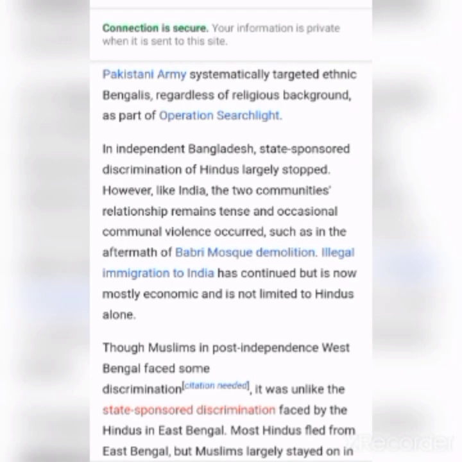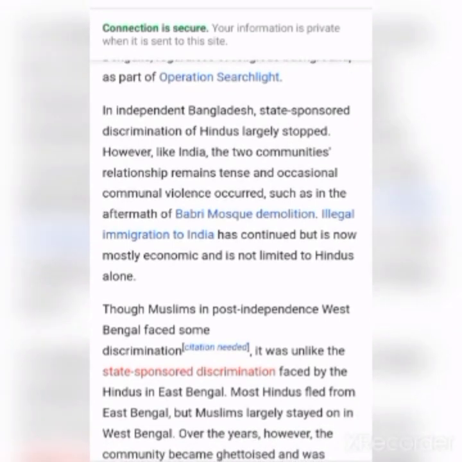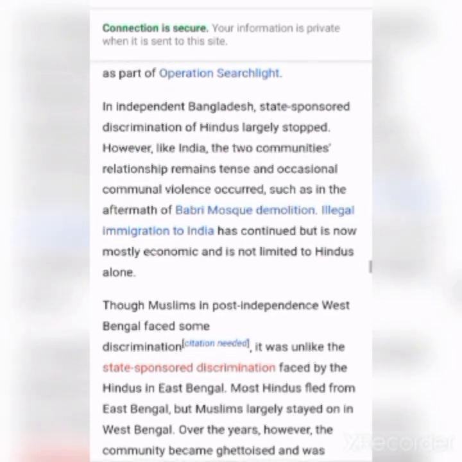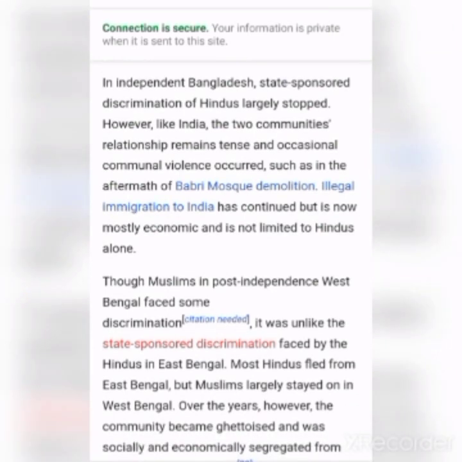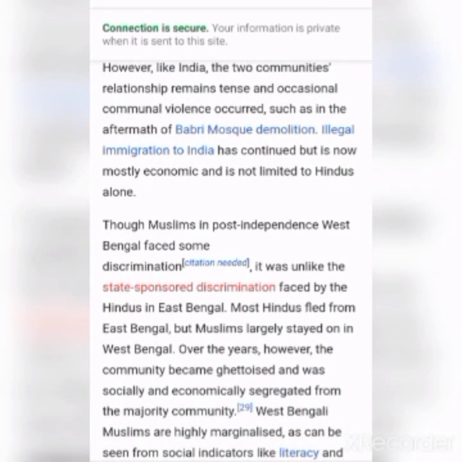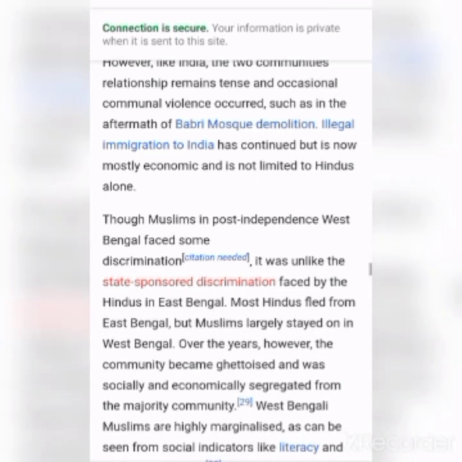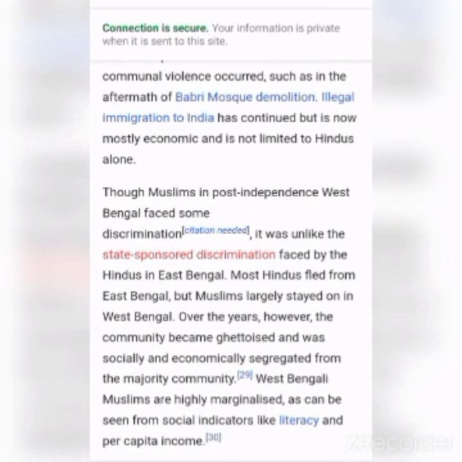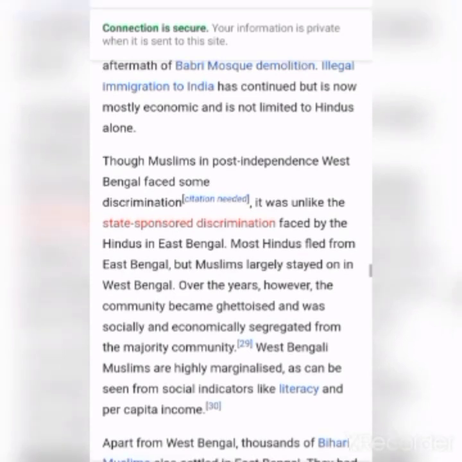The Muslims in independent West Bengal faced some discrimination. It was unlike the state-sponsored discrimination faced by the Hindus in East Bengal. Most Hindus fled from East Bengal, but Muslims largely stayed on in West Bengal.